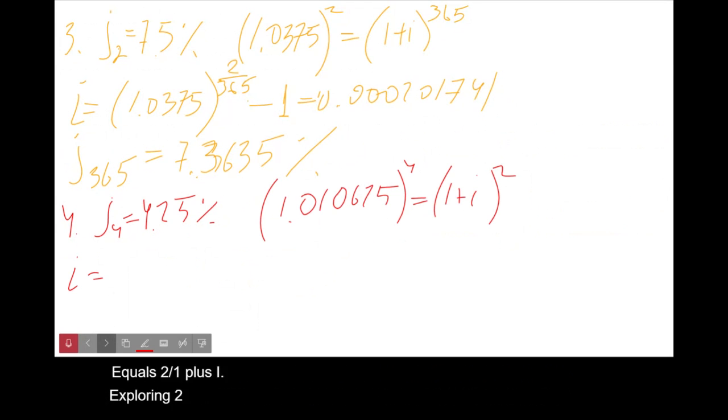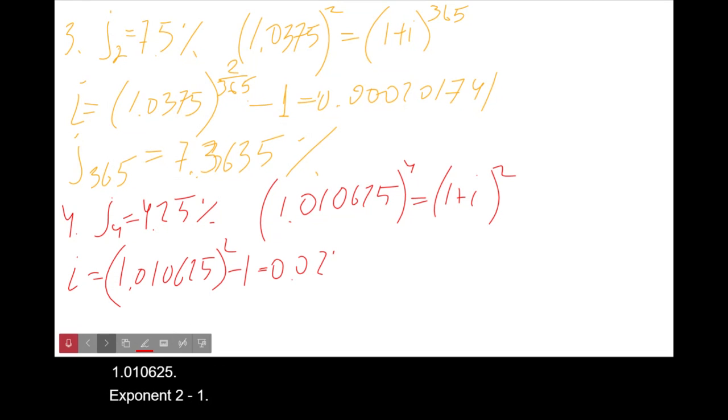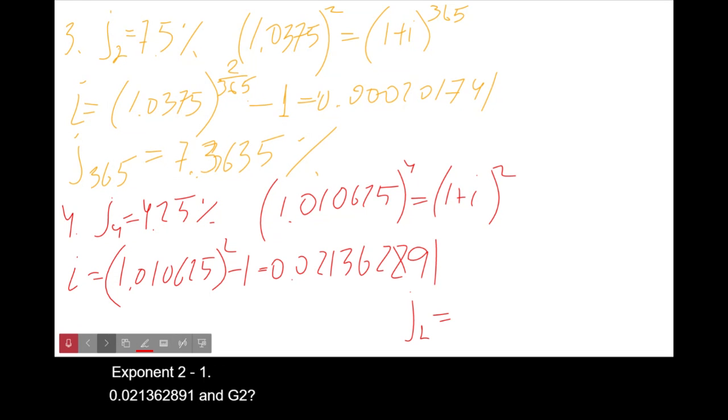So I is 1.010625 exponent 2 minus 1. 0.021362891, and J2 is 4.2726%.